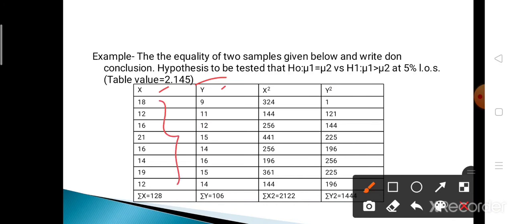There are a total of 8 samples, that is, the n1 value is 8. Similarly the n2 value is also 8, because we are given 8 samples for the x variable and 8 for the y variable. Now make the columns x square and y square, because we need summation x square and summation y square for calculating the values of s1 and s2, that is, s1 square and s2 square. Okay.